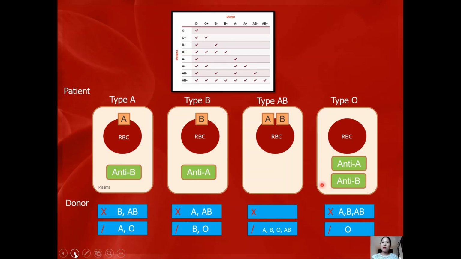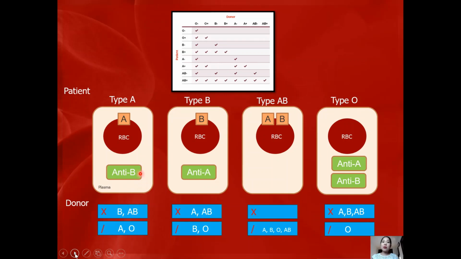Okay. So going back to a patient with blood type A, since you have an anti-B antibody in the plasma of your patient with a blood type A, you cannot transfuse a B or an AB, simply because if you transfuse a blood type B and AB to a patient with blood type A, you have an antibody B that will hemolyze these blood types.